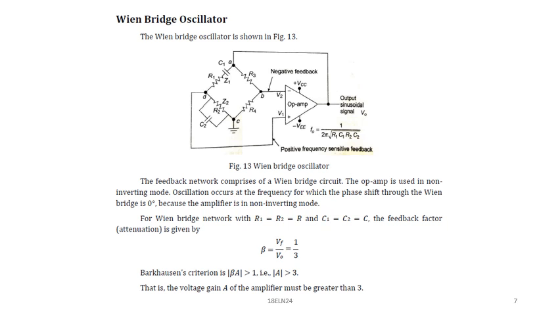Based on that, we will obtain the equation for the frequency of oscillation. In this, the amplifier is in a non-inverting mode, and the feedback network provides a 0 degree phase shift. So the total phase shift around the loop is 0 degrees.